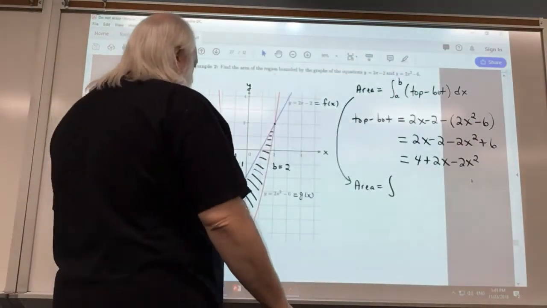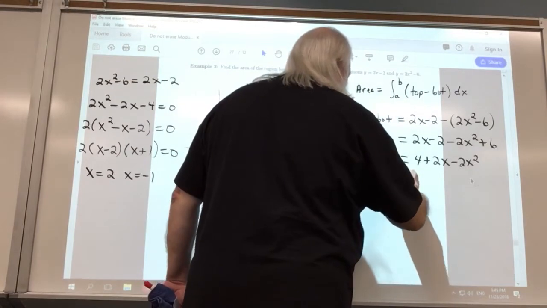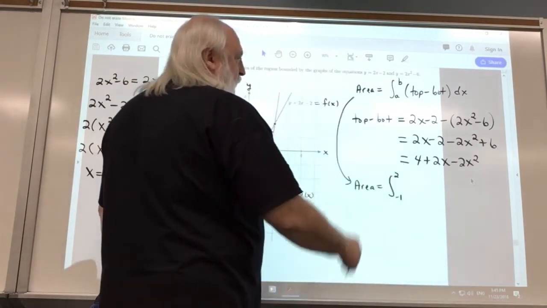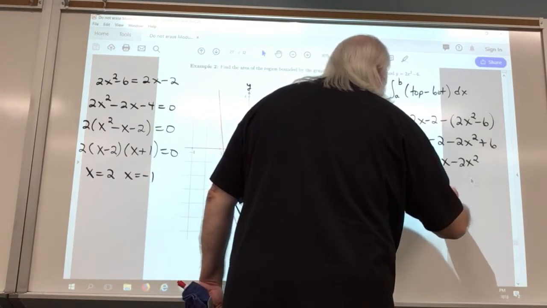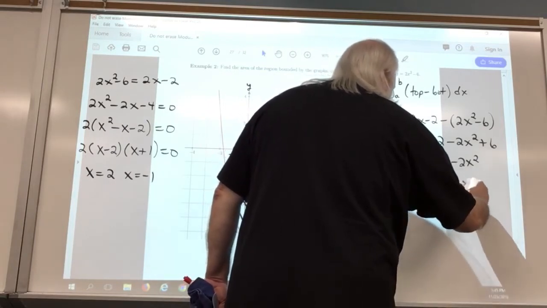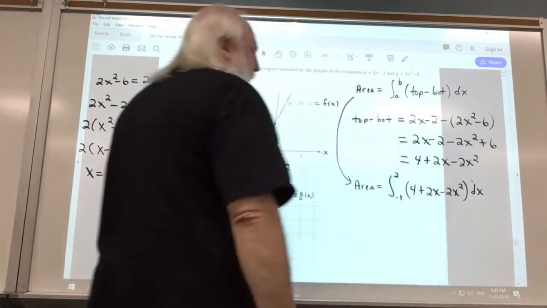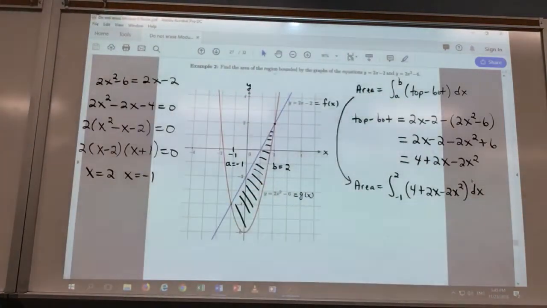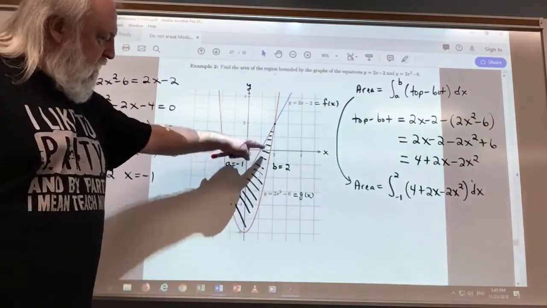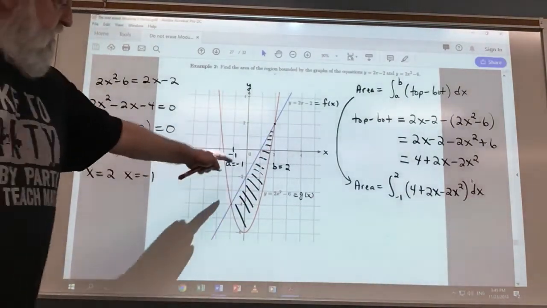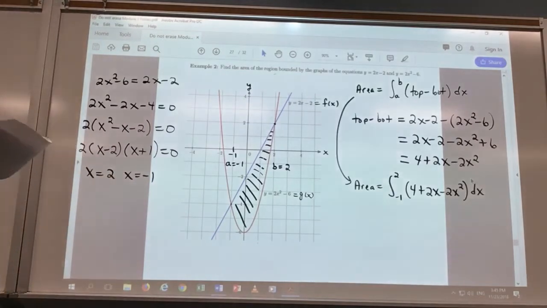A is equal to minus 1, b is equal to 2, and top minus bottom is 4 plus 2x minus 2x squared. Now all we have to do is evaluate that definite integral, and that will give us the area shaded in black, sandwiched between those two functions.